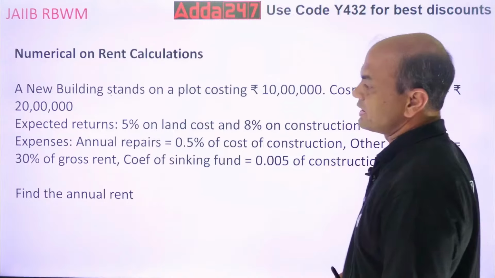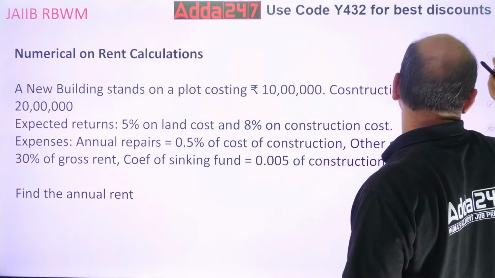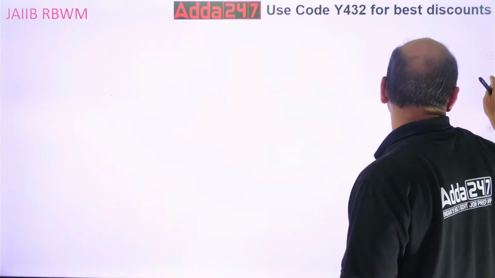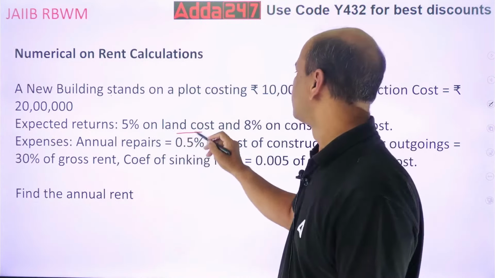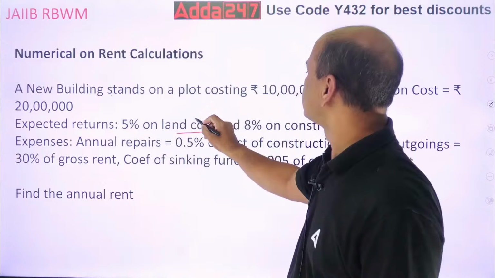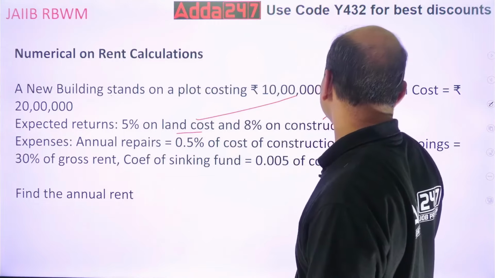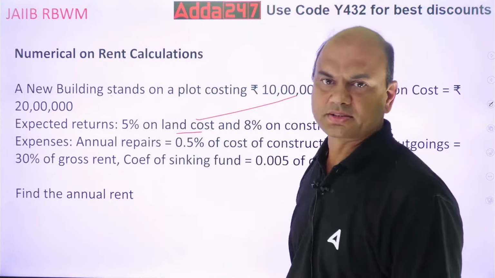First find out the expected returns. What are the expected returns? 5% on land cost, and the land cost is 10 lakhs. And 8% on construction cost, and the construction cost is 20 lakhs.